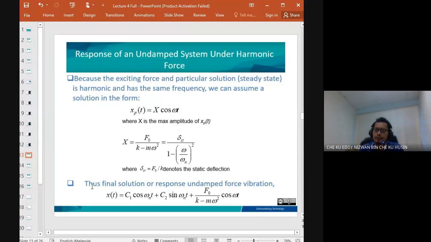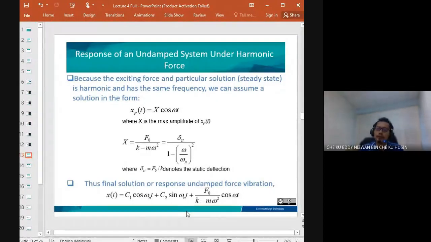For the total response of this system, X is the homogeneous plus particular solution. That's the general solution. Actually it depends on the question.